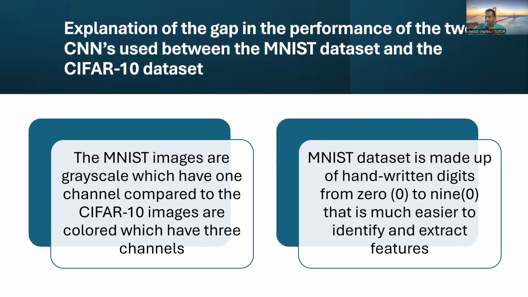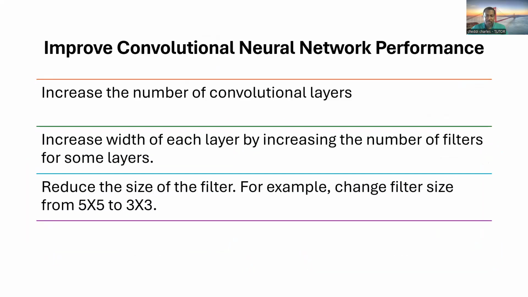So let's go back here. I decided to improve it, and these are some of the things I tried to do. Increase the number of convolutional layers. Maybe by doing that, I can get more complex feature extraction. Maybe increase the width of each layer, so increase the filters from 64 to maybe 128, 512.